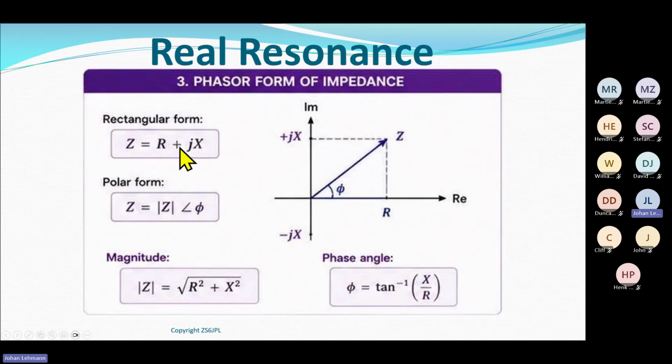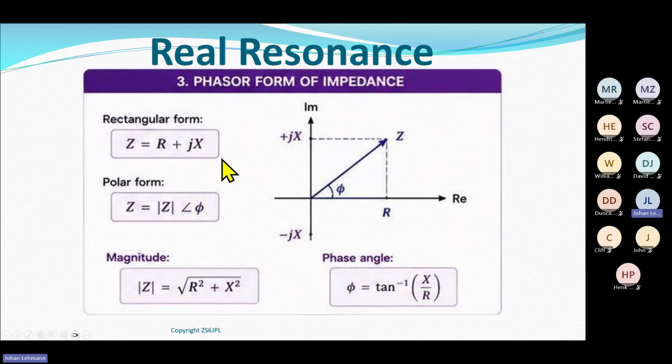Okay, so the way you would see it sometimes represented, go back. Z equals R plus jX. Now jX is the combination of these two values added together. The other way they can represent it, they say Z equals the absolute value of Z and the angle theta, which is the difference between the impedance angle and the resistance.